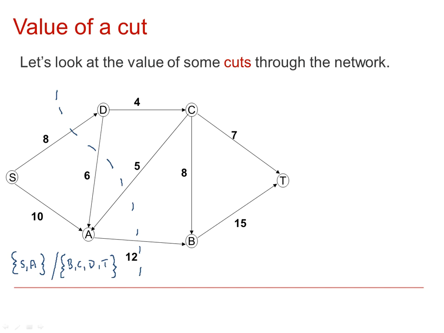The first set, the source set, must contain S and as many of the others, and the second set must contain the sink T and the rest, and obviously all of the nodes are in one set or the other.